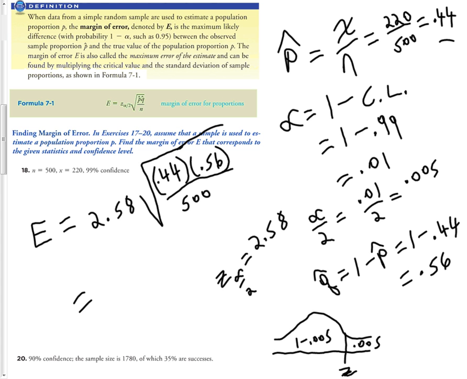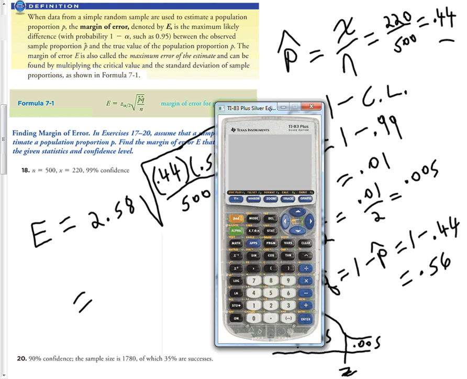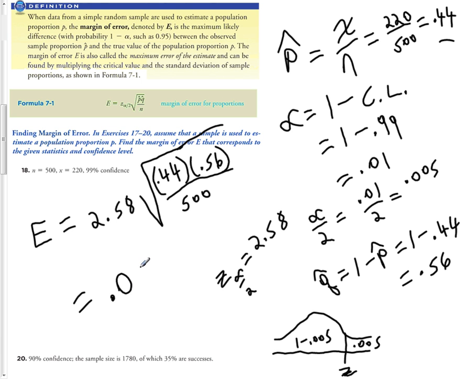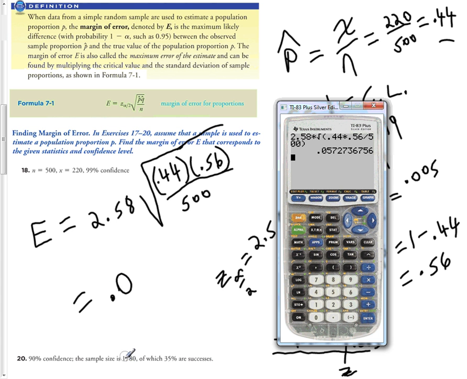So it's equal to 2.58 times the square root of 0.44 times 0.56 divided by 500, and I close the parenthesis to close the square root, press enter, and we get that the margin of error is 0.057.